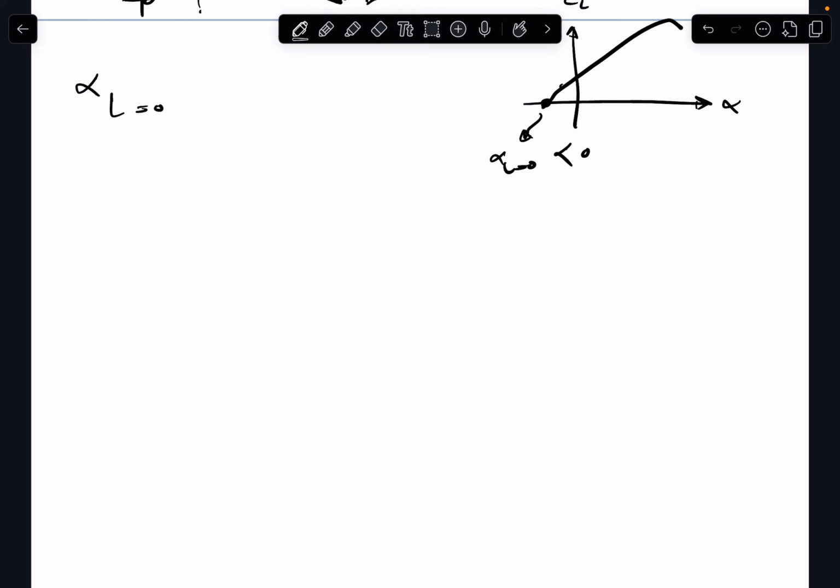If you go to page 24 of the lecture notes, you can find the equation for the zero lift angle of attack for a cambered airfoil. The equation is this.